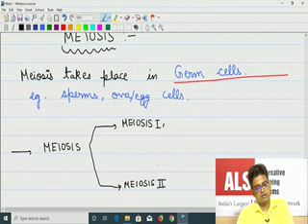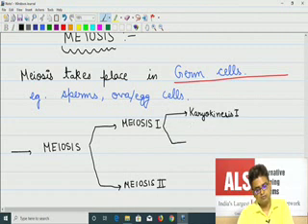Meiosis 1 is divided into karyokinesis 1 and cytokinesis 1.